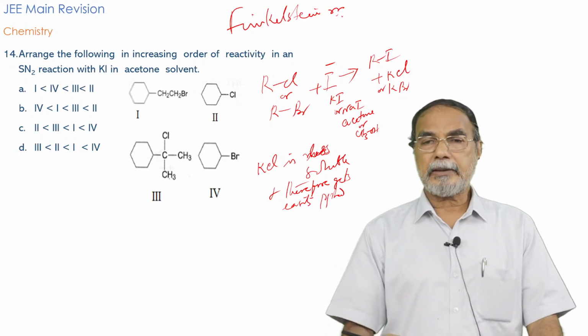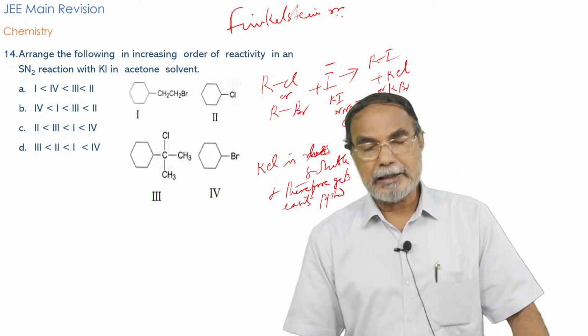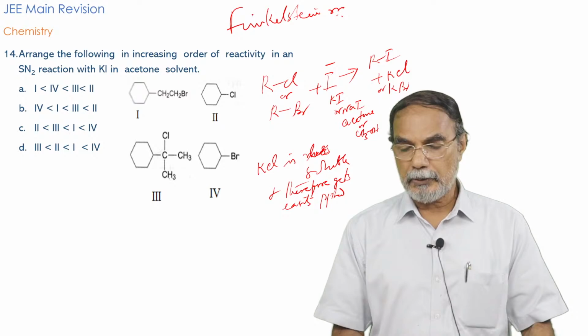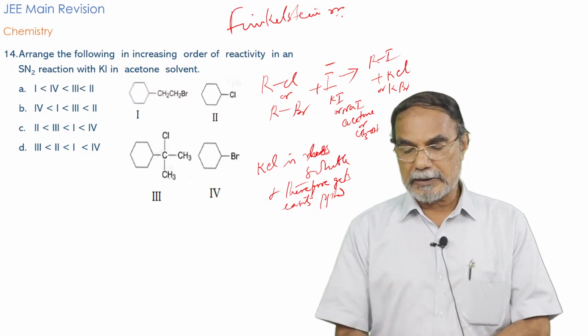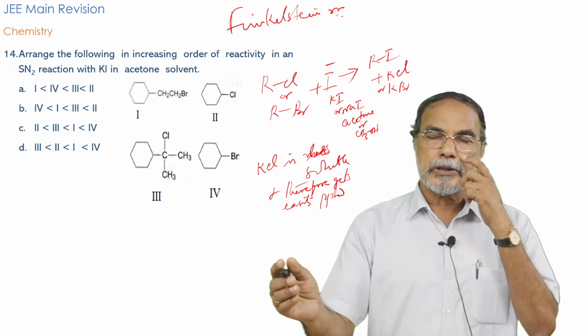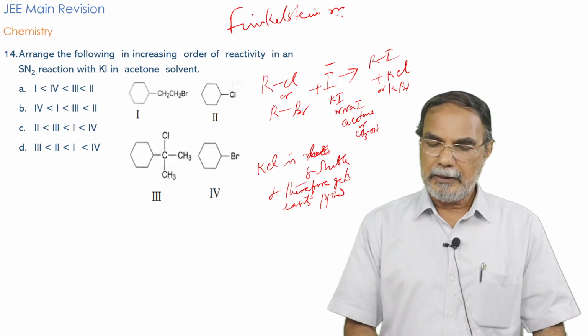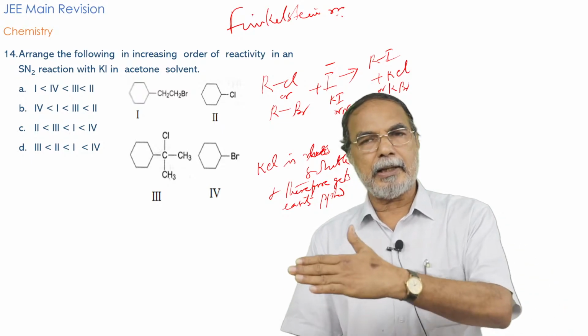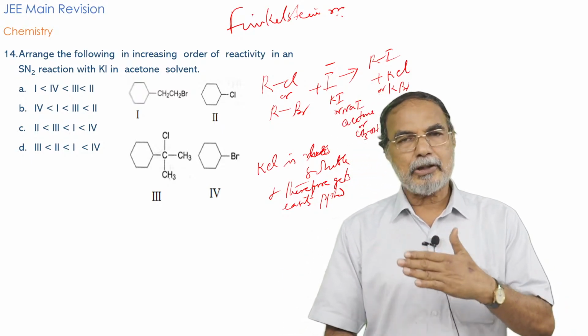The byproduct KCl easily gets precipitated, and then KBr gets precipitated. Once it is precipitated, there is absolutely no chance for the backward reaction. So KCl is precipitated means the reaction will be channelized in the forward direction. So that is actually the driving force.